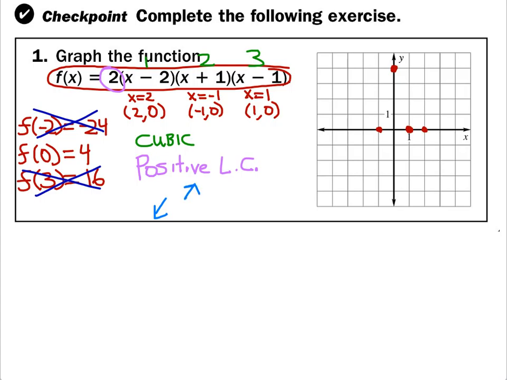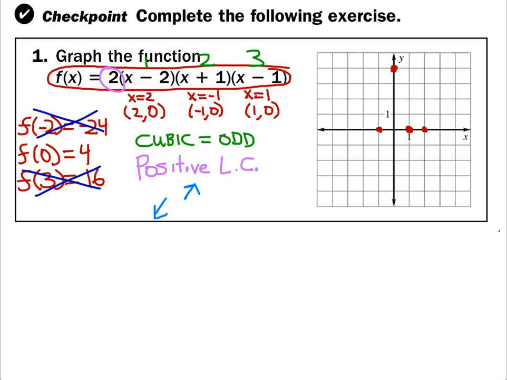Remember, the fact that it's cubic means it's an odd power function. And an odd power function with a positive leading coefficient falls on the left, or it goes to -infinity on the left, and it rises on the right. So it goes to positive infinity on the right.